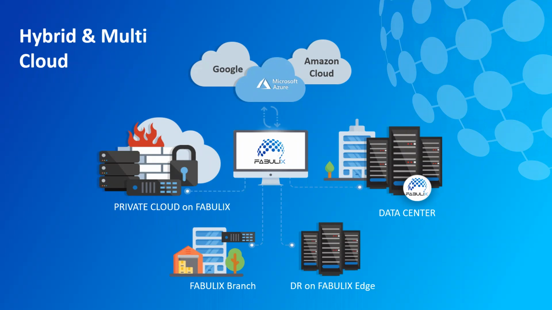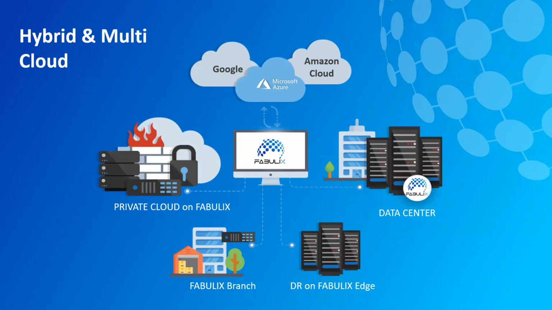And similarly for DR, you don't need to implement a separate DR. You can use DR as a service, which you can provision in Fabulix Edge or Fabulix Cloud, where you can automatically set up active or passive DR. That reduces a lot of cost on implementing a separate DR solution.